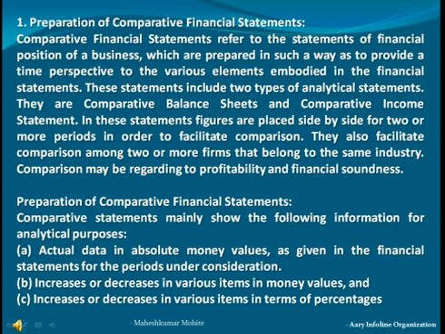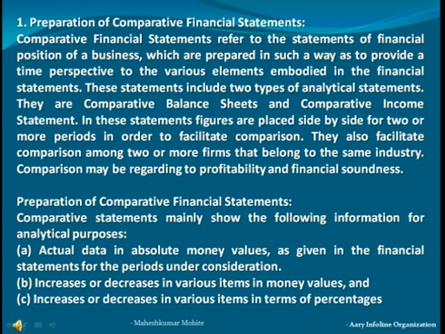Preparation of comparative financial statements. Comparative statements mainly show the following information for analytical purposes. A. Actual data in absolute money values, as given in the financial statements for the periods under consideration.